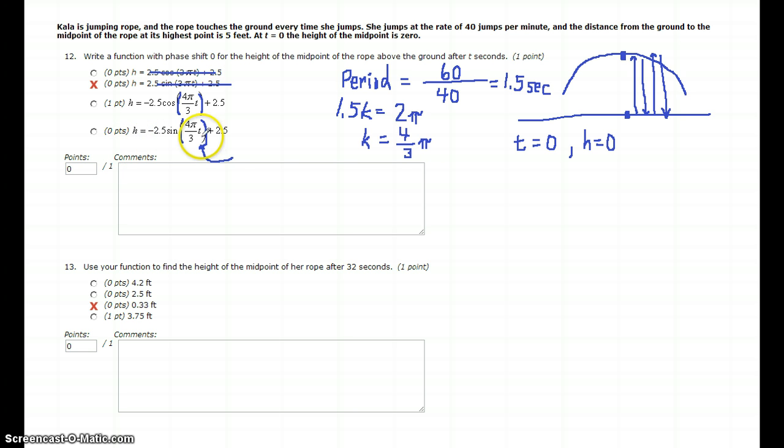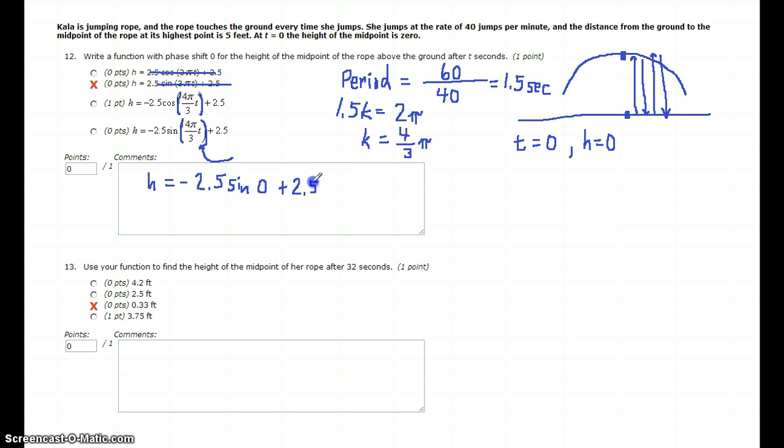Well, if we put in t equals 0 here, we're going to have h is equal to negative 2.5 times the sine of 0, or the sine of 0 degrees, plus 2.5.